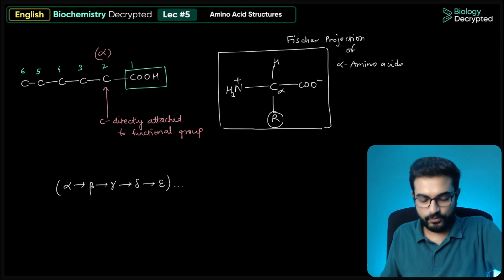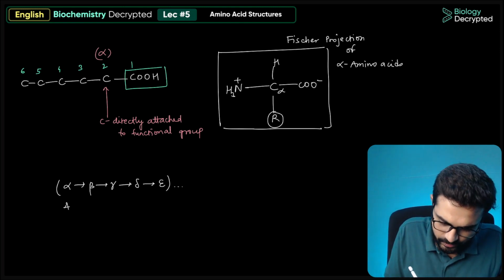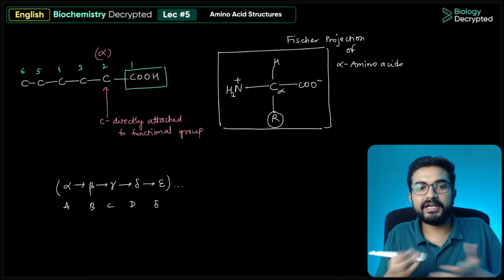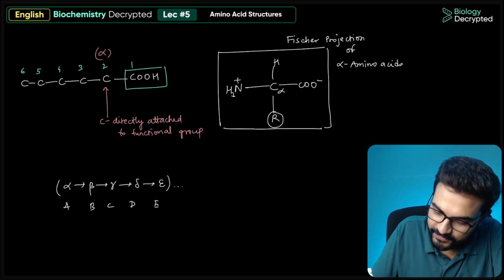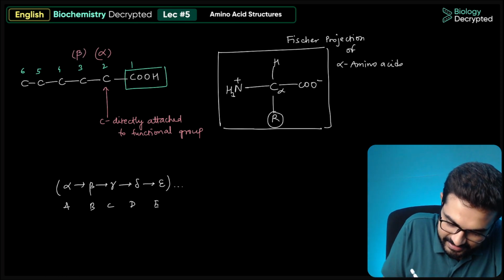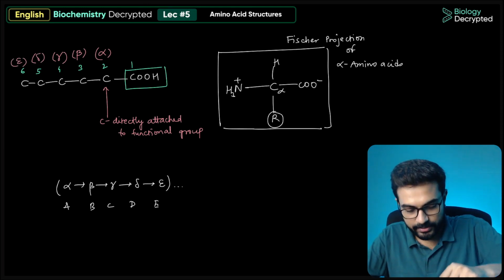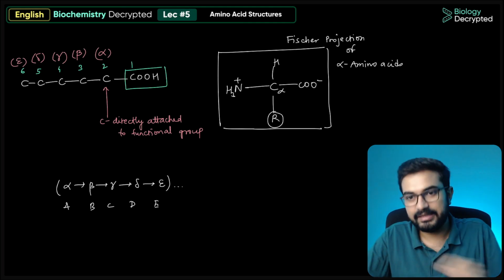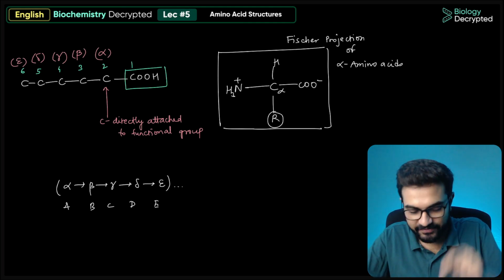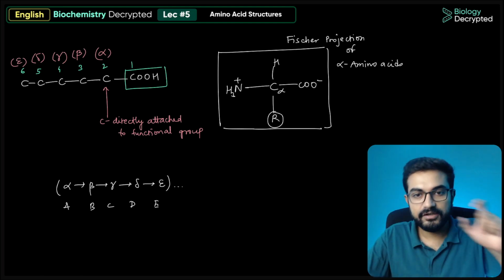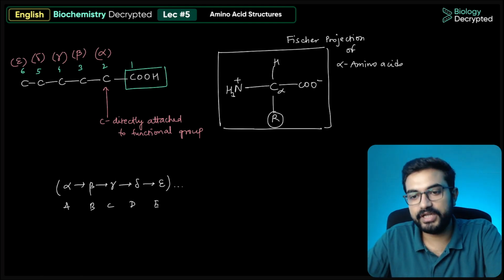Just like we write A, B, C, D, E, there they have alpha, beta, gamma, delta, epsilon. So these carbons are denoted by these Greek alphabets, based on the distance from the functional group. So this is how we denote these.